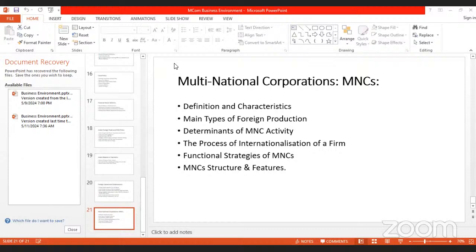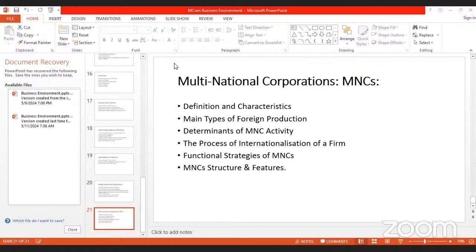Next is technological and financial strength. They possess advanced technology and substantial financial resources, enabling them to invest in R&D and large-scale projects as well. Next characteristic is diversified activities.